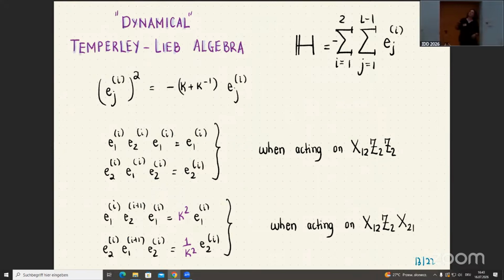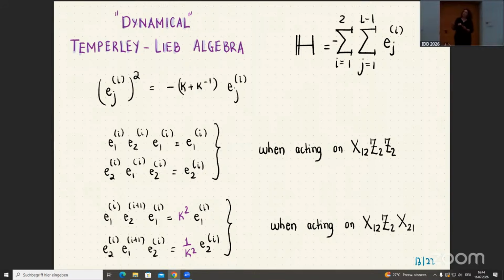Just for simplicity, let me tell you what happens to the cubic relations, just for 3 sites. Something very curious happens here. Let's say we act on a state that has 1 x and 2 z's. Remember that before, for xz, the fields were basically up and down. We were calling them x and z, but they were 2 fields with exactly the same nature. Now we have 2 fields that behave quite differently.